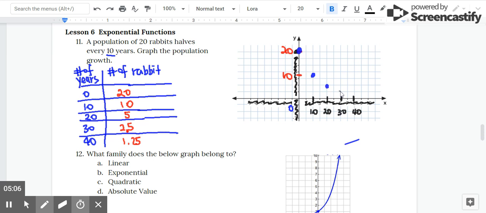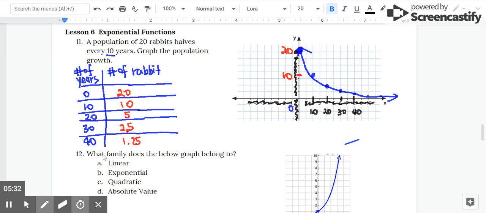And at 30, it's another half and another half. And at 50, another half, another half, another half. But it's not going to be 0, theoretically. So just keep going. All right, so now graph the population growth. It's going to be decreasing from 20.